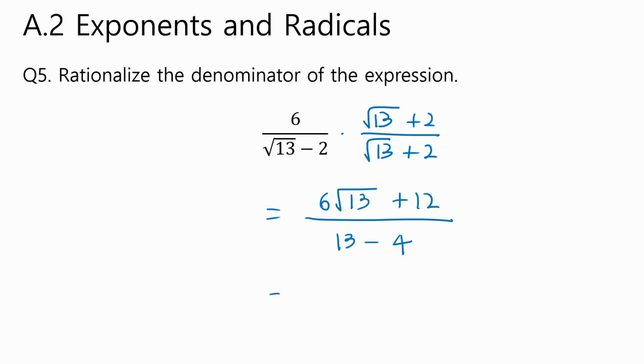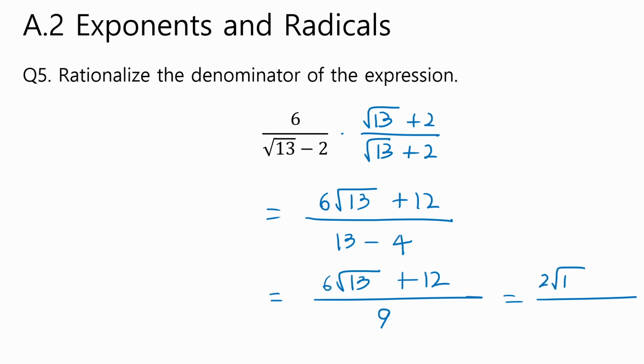And we end up with 9 in the denominator and 6 times the square root of 13 plus 12 in the numerator. Now we can factor out the common factor, which is 3. So we end up with 2 times the square root of 13 plus 4 divided by 3.